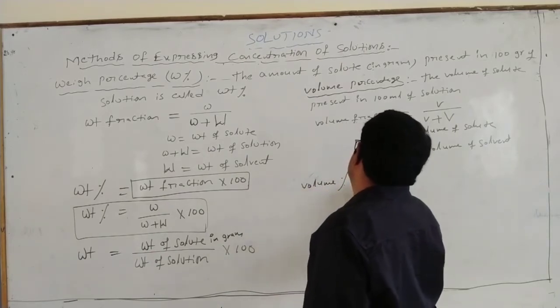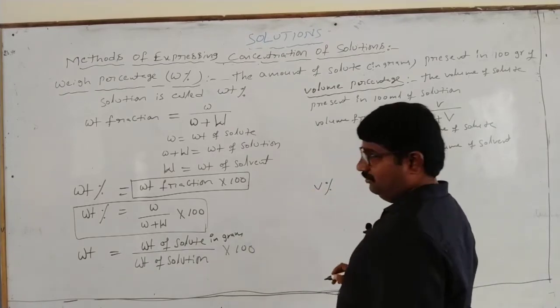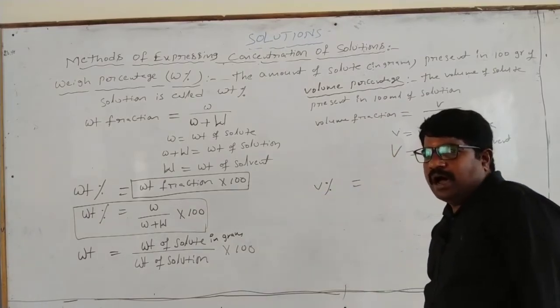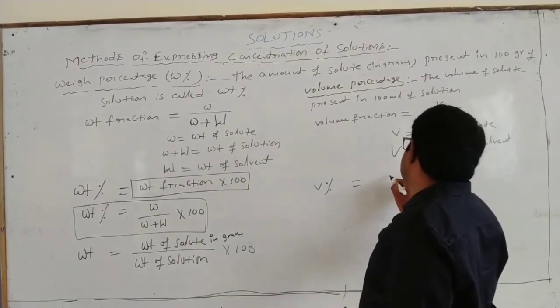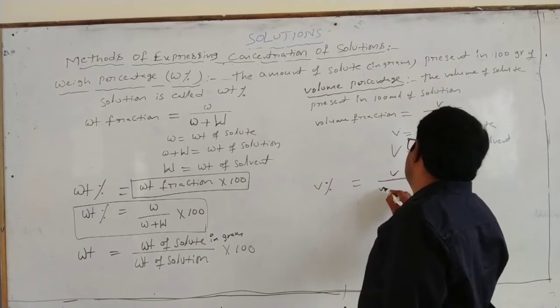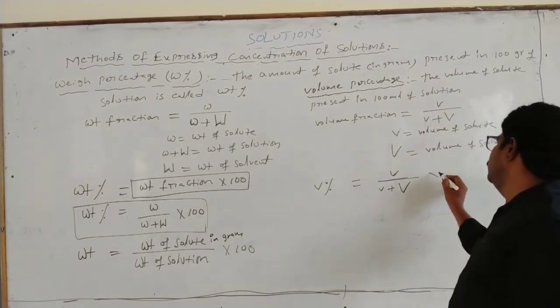Now, volume percentage is equal to volume fraction into 100. We can write it as volume of solute by volume of solute plus volume of solvent, into 100.